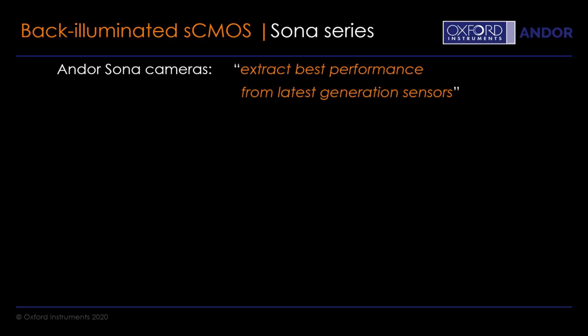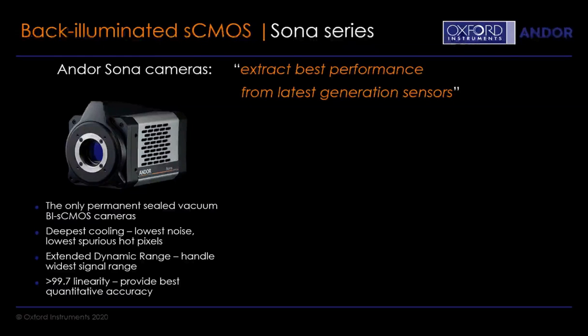And in terms of the Andor Sona cameras, the idea with these cameras was to extract the very best performance that's possible from those latest generation of sensors. Some of the ways that this is done is by using this permanent sealed vacuum technology, which is normally only found in those higher end Ixon EMCCD cameras. So that's the only back-illuminated sCMOS camera that has that type of technology built into it, and that helps allow for the deepest cooling.